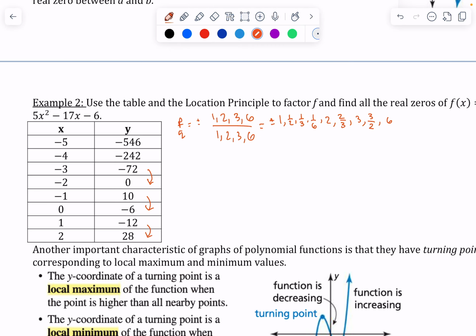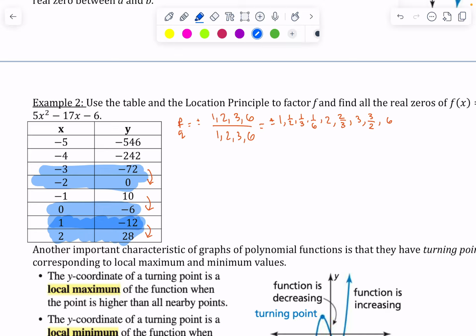Okay, now based on the table, and this is the important part, I can use this information to help me factor this more efficiently. So I know that I need to have a 0 between -3 and -2, between 0 and 1, and then also between 1 and 2.